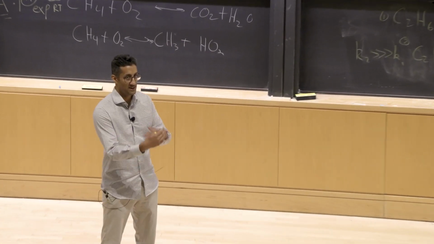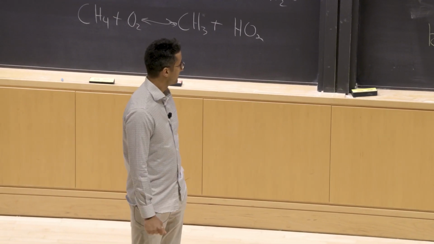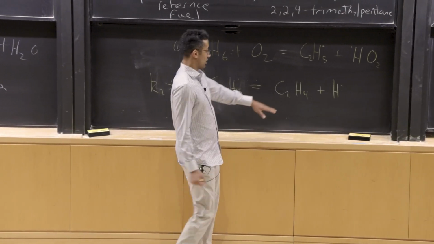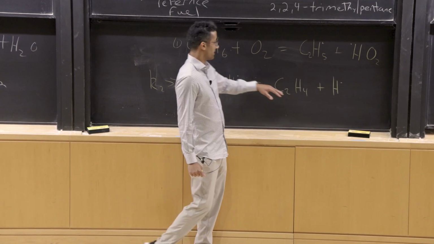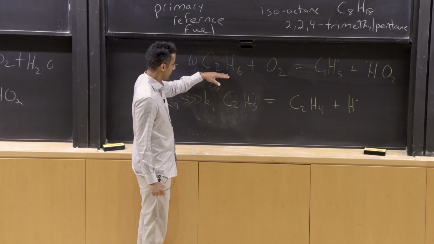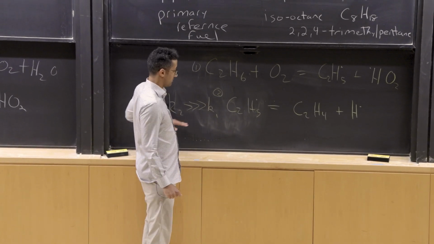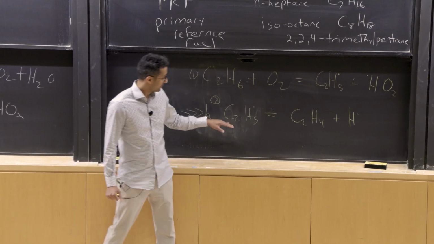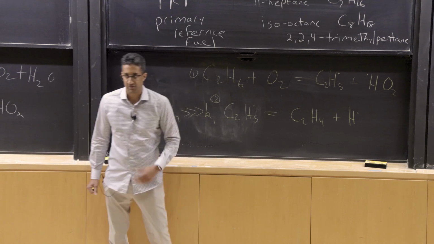We can use a steady state approximation to determine, and then you can say the concentration of ethylene can be directly related to the concentration of ethane, yeah? And then, of course, you still have to consider the ratio of these chemical reactions, K1 and K2, to determine that concentration of ethylene.